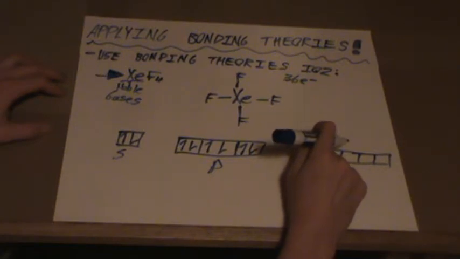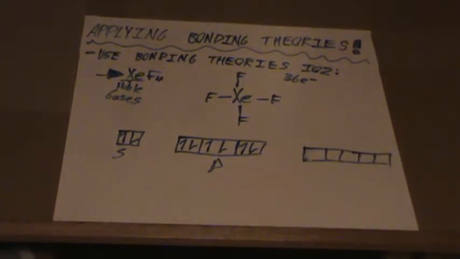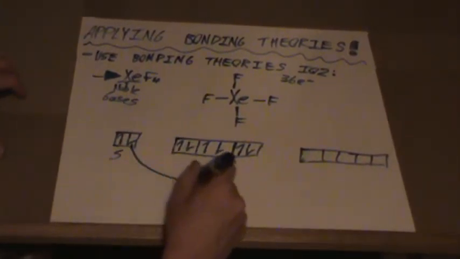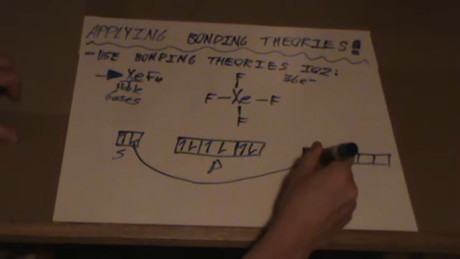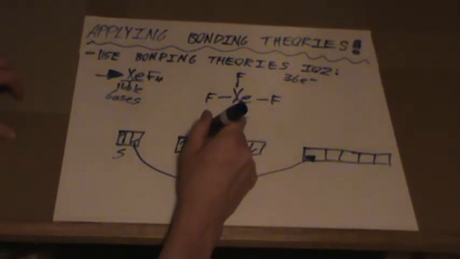And so the way that this hybridization happens is very similar to the last problem actually, where we can promote this s electron here, and we can promote a p electron.